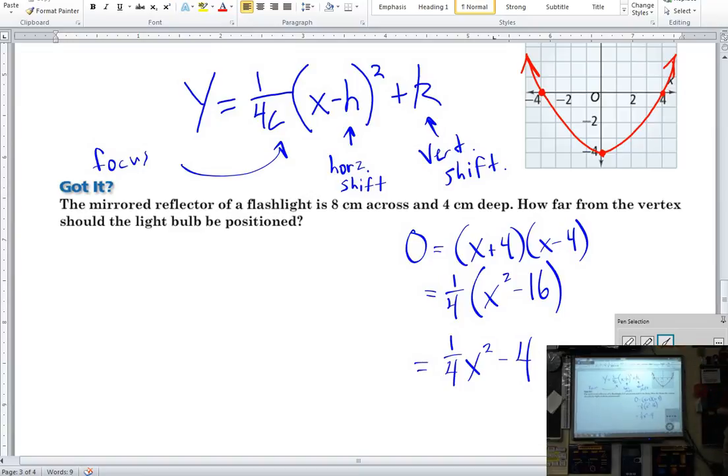So we get to the point that my function is 1/4 x squared minus 4, and we got that because we had our points equal 0. This is now everything I need it to be because it's got the right shift.